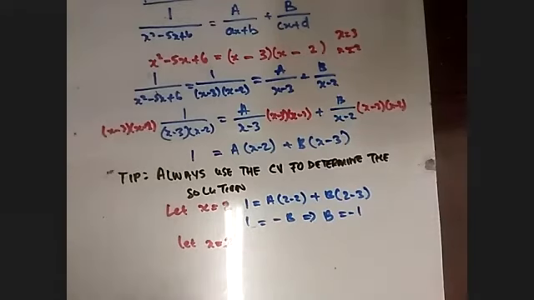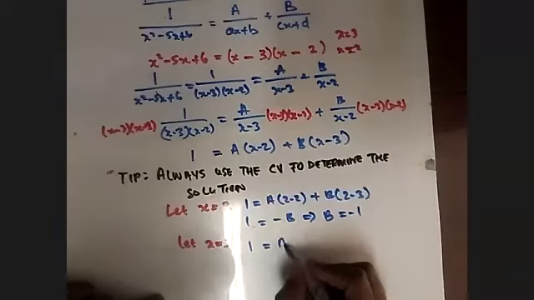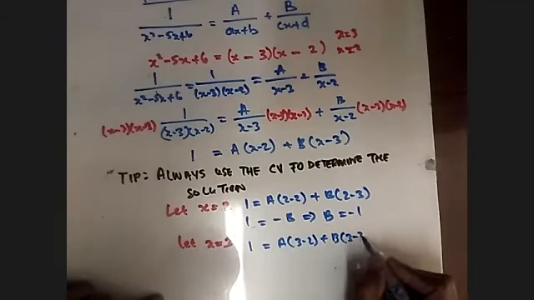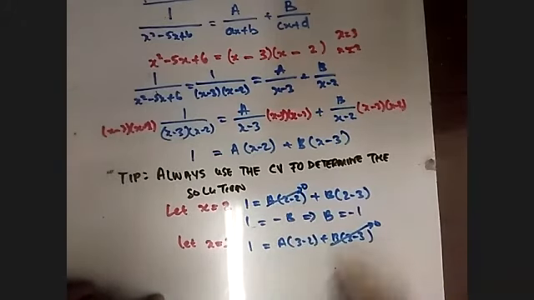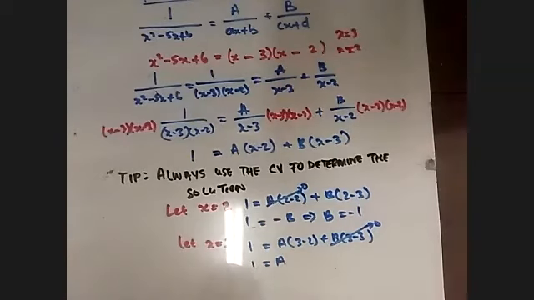Let x be equal to 3. Then we're going to have 1 is equal to a times 3 minus 2 plus b times 3 minus 3, which is just 0. So 1 is equal to a, because 3 minus 2 is just 1. Then we have solved for a and b.